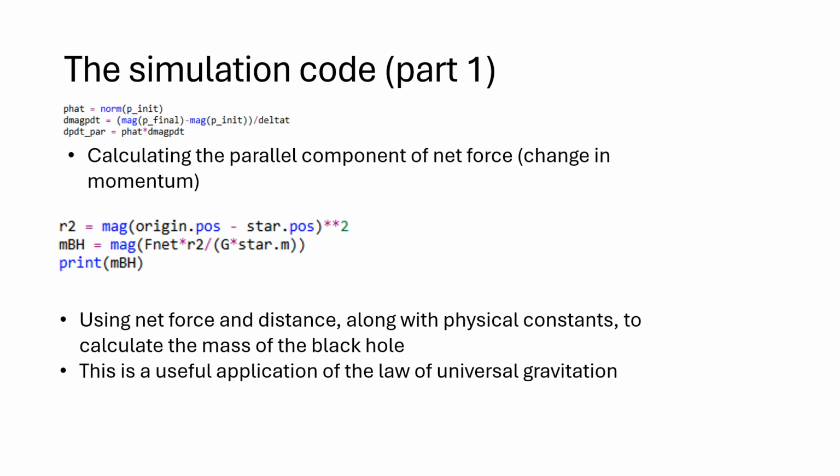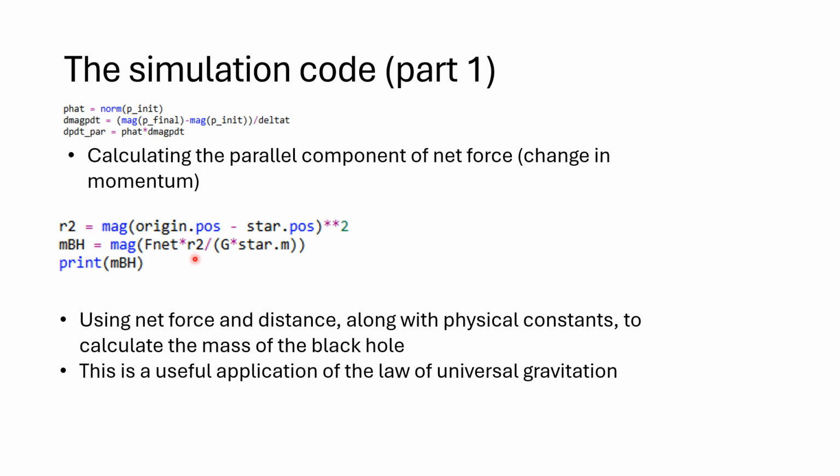Now, for the simulation code for part one, this is just calculating the parallel component of the net force, which is equal to the parallel component of change in momentum. So yeah, that is going to be used later. There's also perpendicular components that we have to use to calculate, but those are also in the code. And then this is the final step where we calculate the radius squared, pretty simple, and then we have the net force being equal to the change in momentum, and we have the speed.